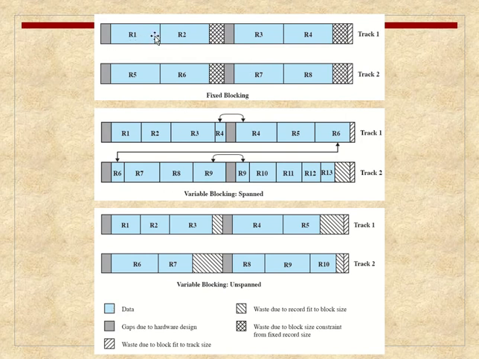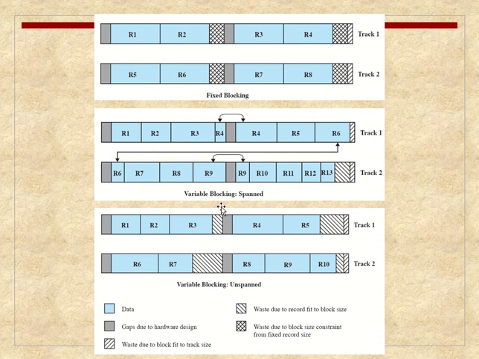Data are put in same size records. These two tracks can fit 8 records, and there is waste of space due to the block size constraint when fixed record sizes are used.